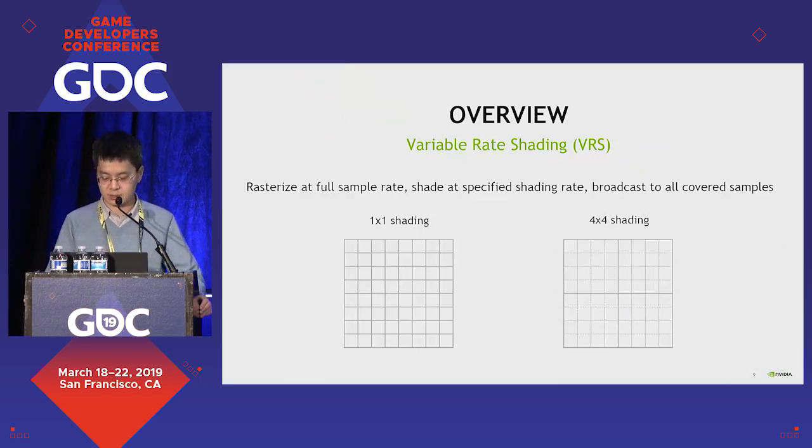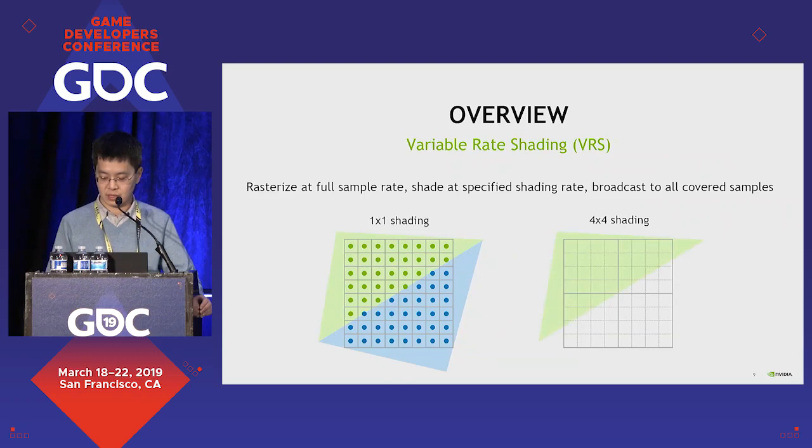Here we can take a closer look at how coarse shading, or variable rate shading, is done. In traditional full rate shading, when a primitive is rasterized, we shade at all covered samples. Now in variable rate shading, let's say that we are shading in a 4x4 mode, which means every 16 pixels share one shading result.